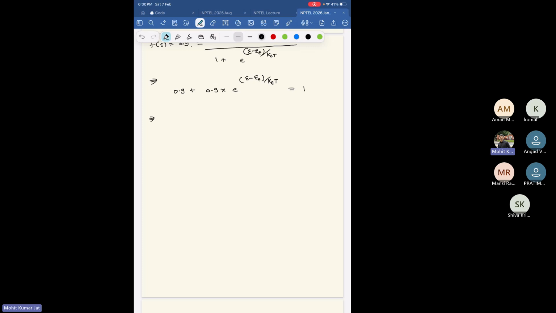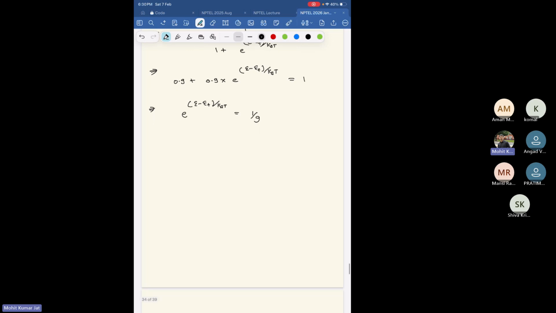And that will give you 0.9 times exponential of (E minus EF) by kBT equals 0.1, so exponential of (E minus EF) by kBT equals 1 by 9, right? Now, whenever you have to solve these equations and estimate E, always take log. So if you take ln on both sides, there are two types of log: one is ln base e and another is log base 10, right?